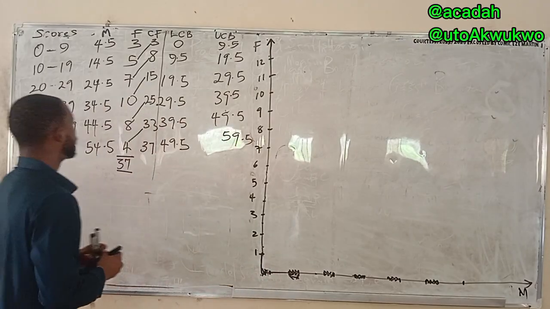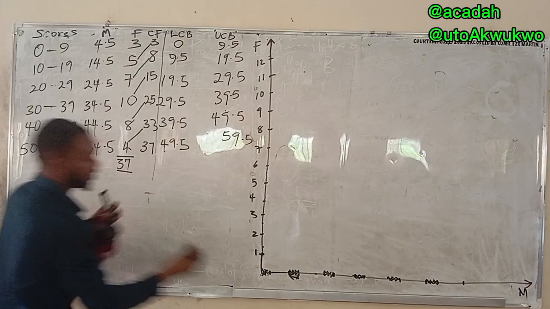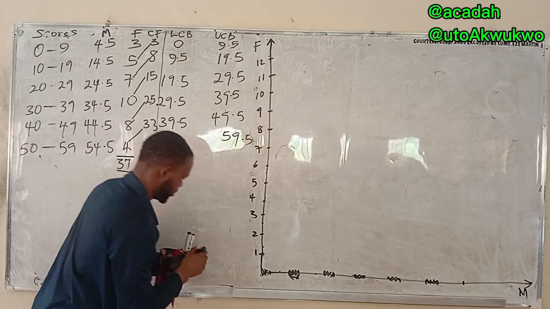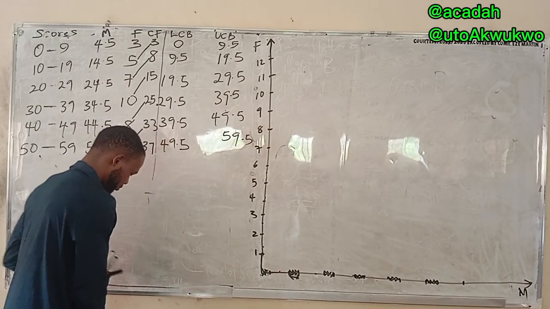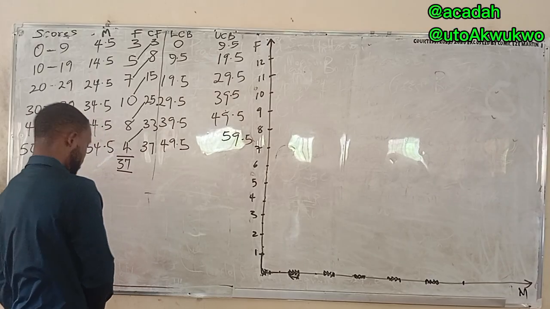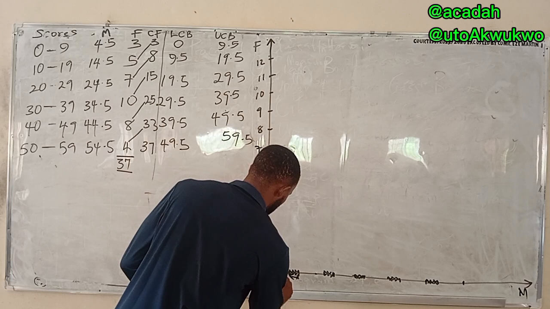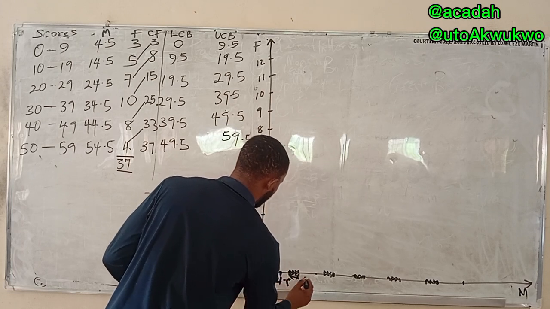So now, you will call your first one, the midpoint. The midpoint is 4.5. So I'll mark out 4.5.